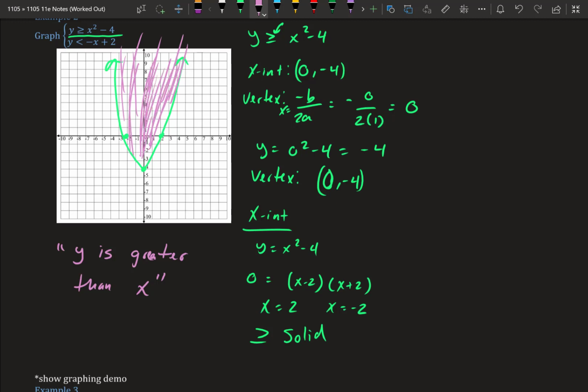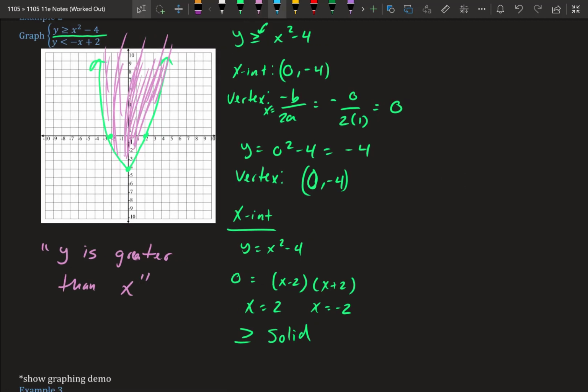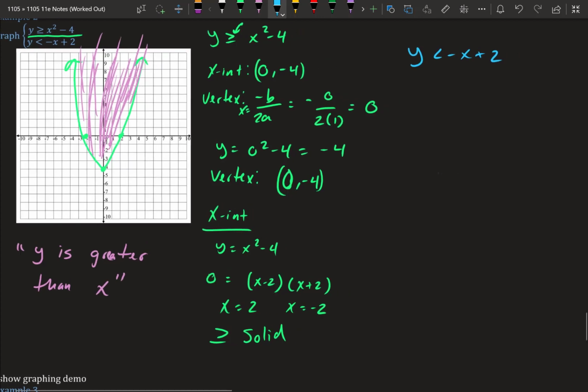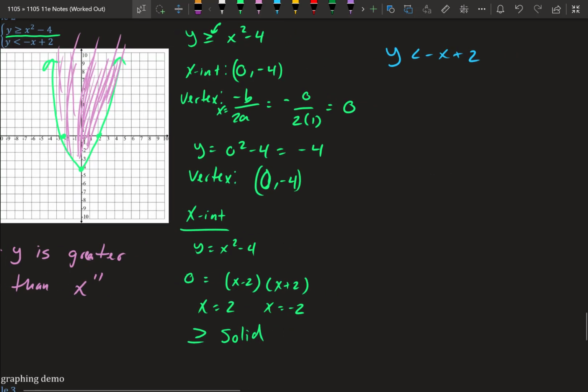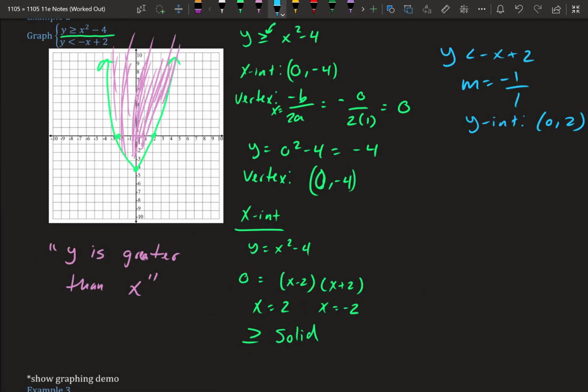Okay. Now let's do our other one. We have y is less than -x plus 2, so that's a line. Lines, we know how to graph. Our m is -1 over 1. Our y-intercept is 0, 2. So 0, 2, we go down 1, right 1, down 1, right 1, down 1, right 1.